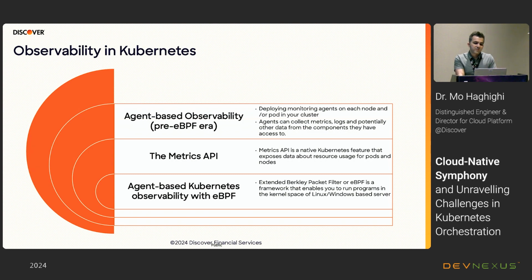That gives you that flexibility. Whereas with the metrics API, you have native Kubernetes features that expose data about the resource usage for pods and nodes, and as the name implies, you can generate metrics only, but not logs and traces.